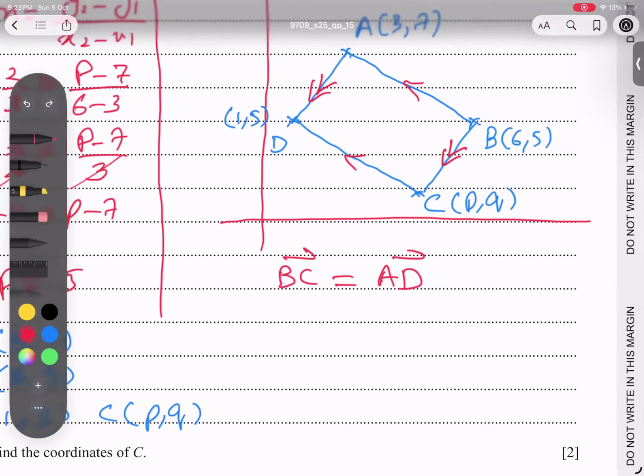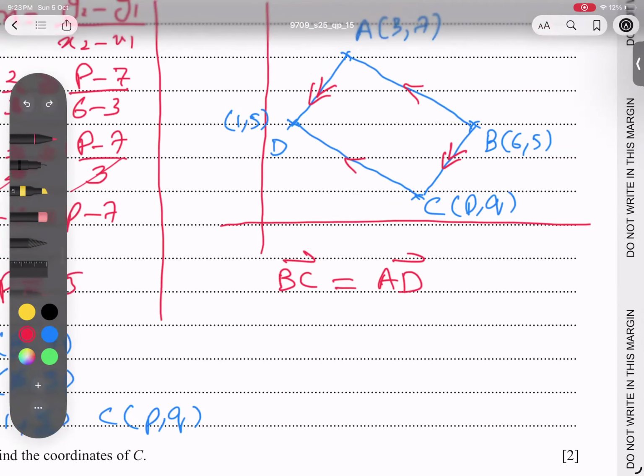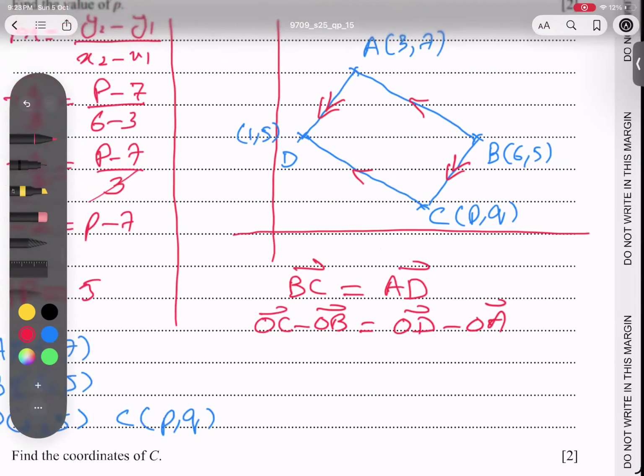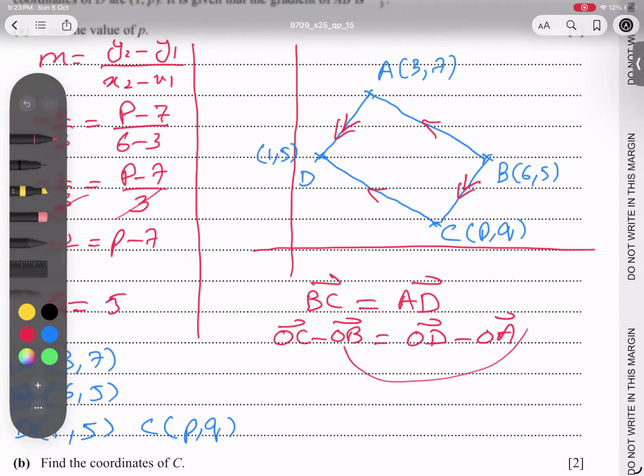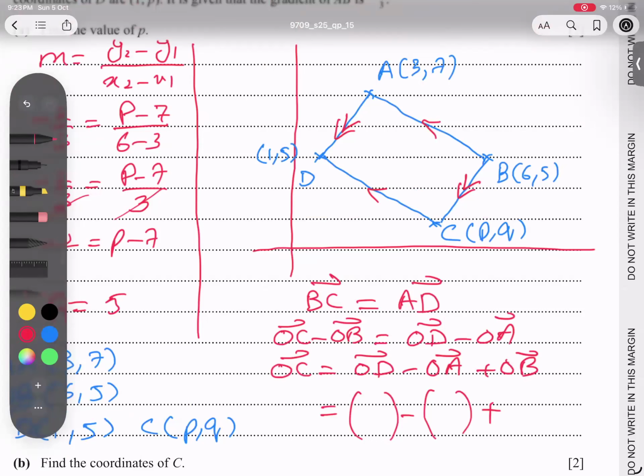Come back here. How to expand this? I can say OC minus OB. How to expand this? OD minus OA. Over. The question is going to finish because this will go on the other side: OD minus OA plus OB. And I'm going to plug in the numbers, the values will give us the answer.